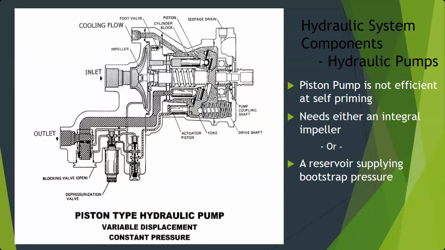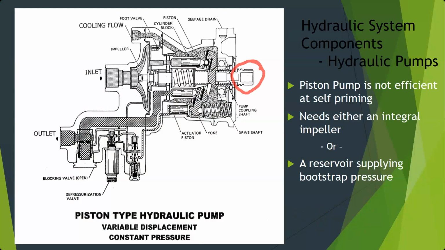So we have a piston pump here, and the pump itself is driven mechanically on the right side. We have a shaft right here, and this is our input shaft. That input shaft can be a spline shaft directly that goes onto the gearbox of an engine, or it can be connected to an electric motor.